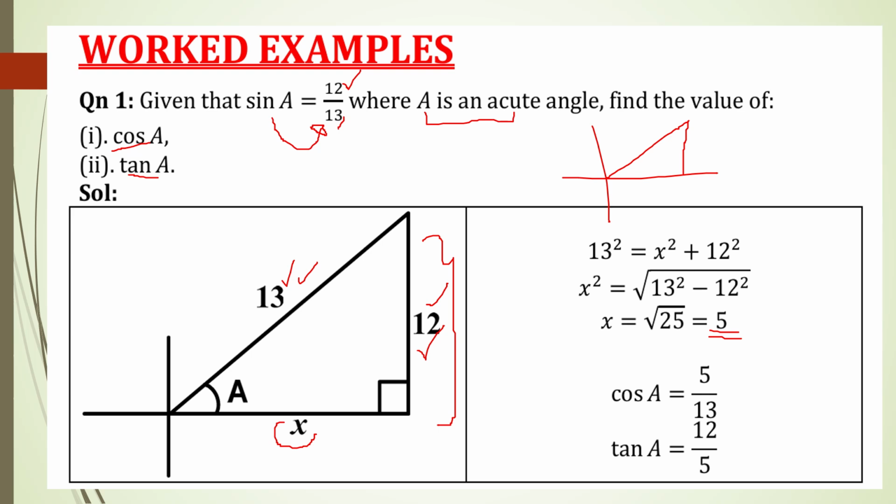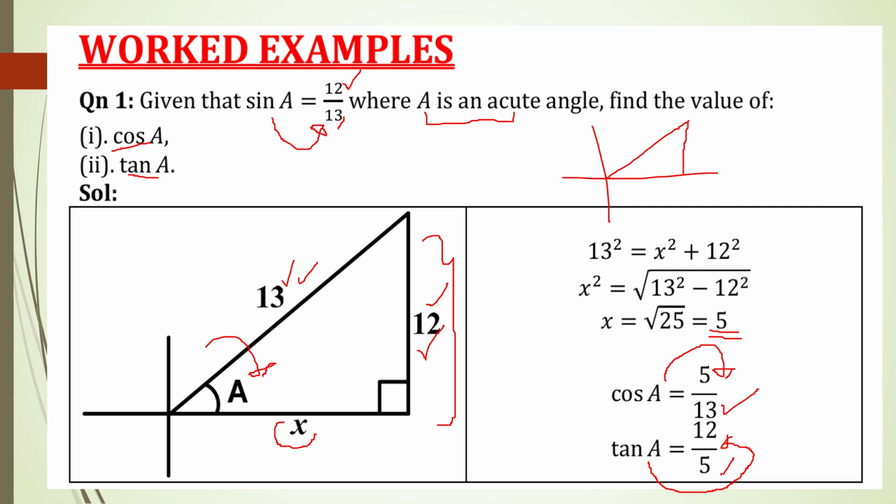So for us to get cos A, now remember that in the first quadrant, all ratios are positive. So cos A, remember that from SOHCAHTOA, cos is the same as adjacent, and our adjacent is 5 divided by hypotenuse, which is 13. And then tan is the same as opposite, which is 12, divided by our adjacent, which is 5.